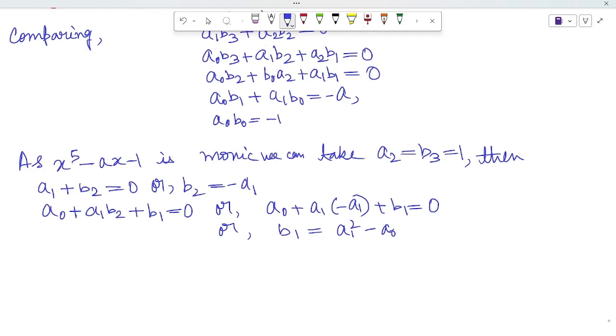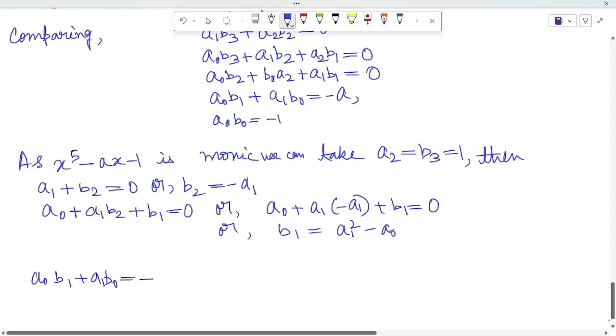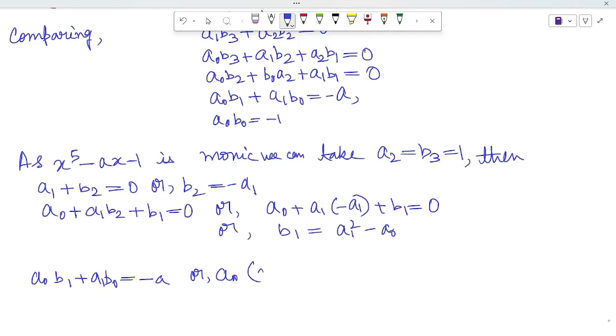So B0 I can calculate from this equation. A0 B1 plus A1 B0 equal to minus A, or A0 times A1 square minus A0 plus A1 B0.